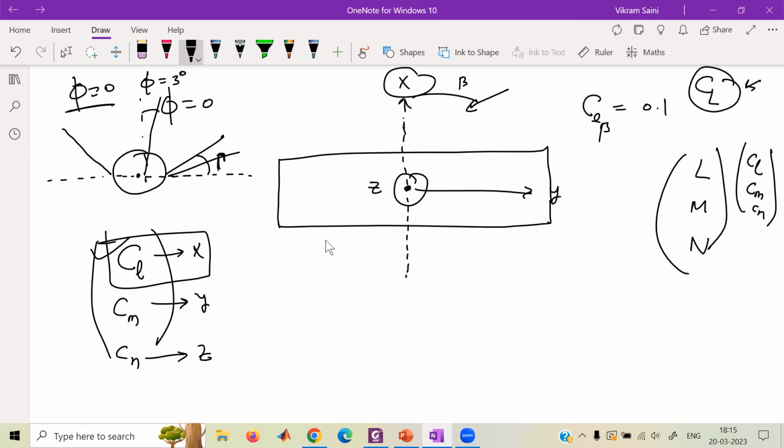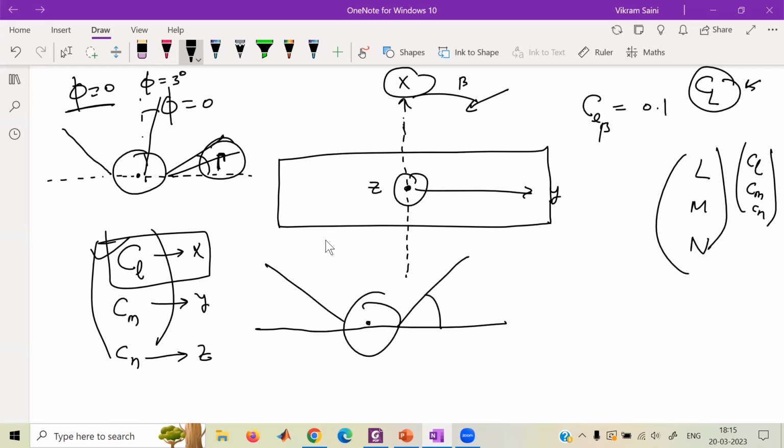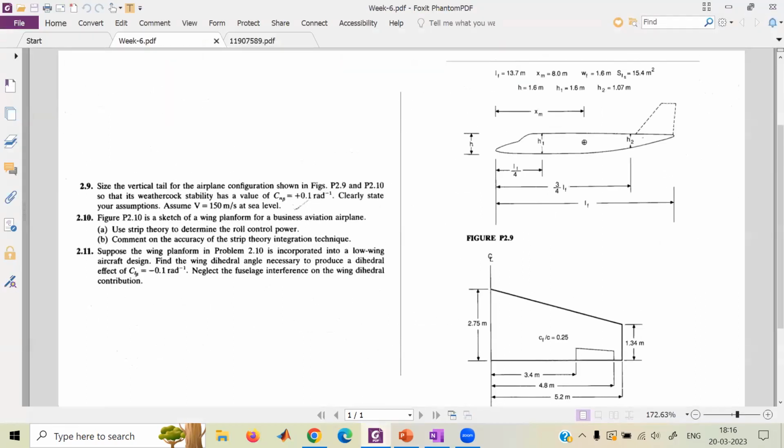So that tendency we want to establish, and the question is about how much this angle should be. Okay, the dihedral angle. If everyone is aware of the dihedral angle, it is the angle between the wing plane and horizontal. Okay, so that's the idea. If you look at the question again, it says, suppose the wing planform in problem 2.10 is incorporated into a low wing aircraft design.